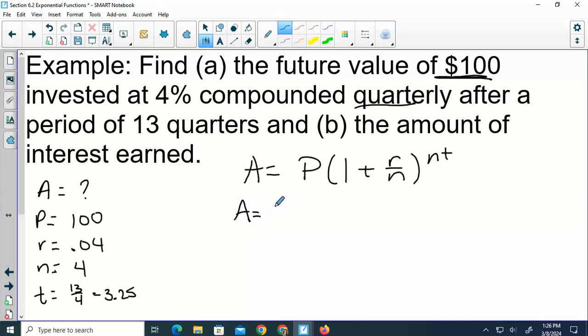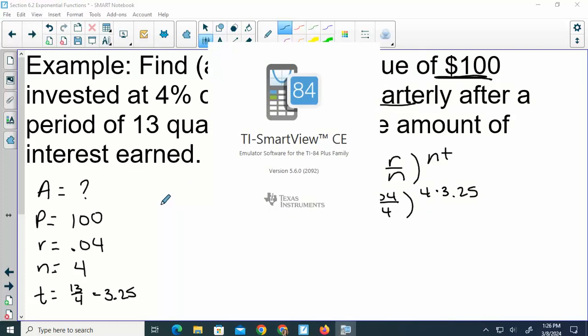So then we plug in what we know. P is 100. 1 plus our R, 0.04, over N, which is 4, to the 4 times 3.25 power. Honestly, it is usually easiest just to try to put all this in your calculator at once, and then you don't have rounding error.